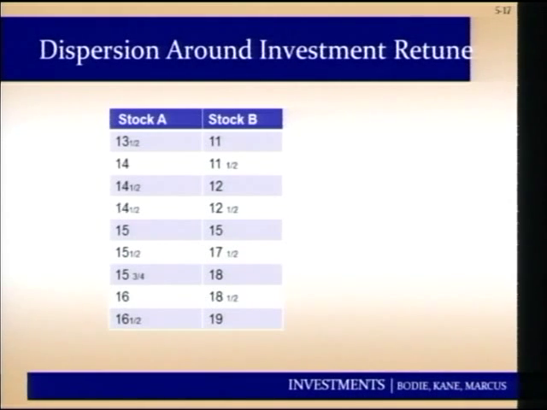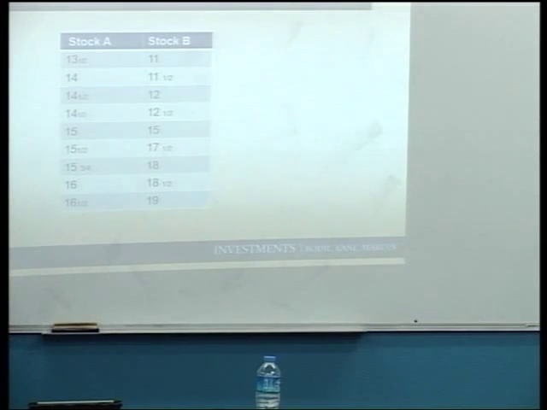Look at stock A and B. If you look at stock A, it fluctuates from 13.5 to 16.5. But if you look at stock B, it's from 11 to 19.